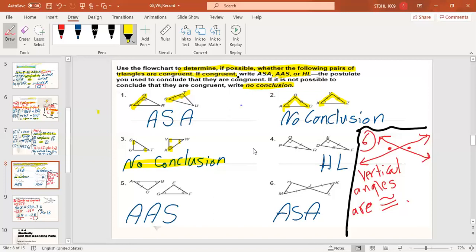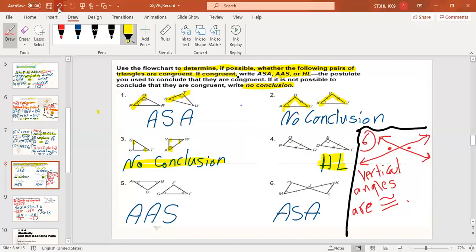The hypotenuse in the first triangle, line segment PR, is congruent to the hypotenuse DF, and the leg RQ is congruent to the leg EF. So these 2 right triangles are congruent by the postulate hypotenuse leg.